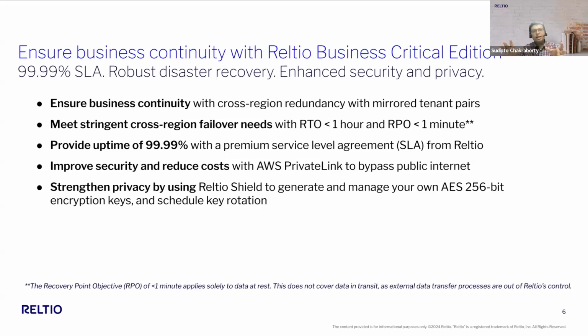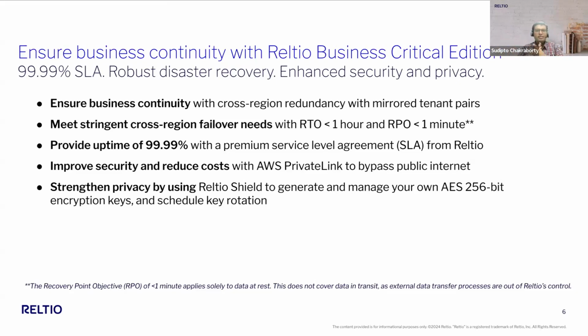So in summary, BC packs in cross region disaster recovery, near zero RPO, RTO, higher uptime SLA, and advanced security features like private link and Shield, all in one packaged offering. And it's designed for enterprises that just cannot compromise on availability, data integrity, or security.